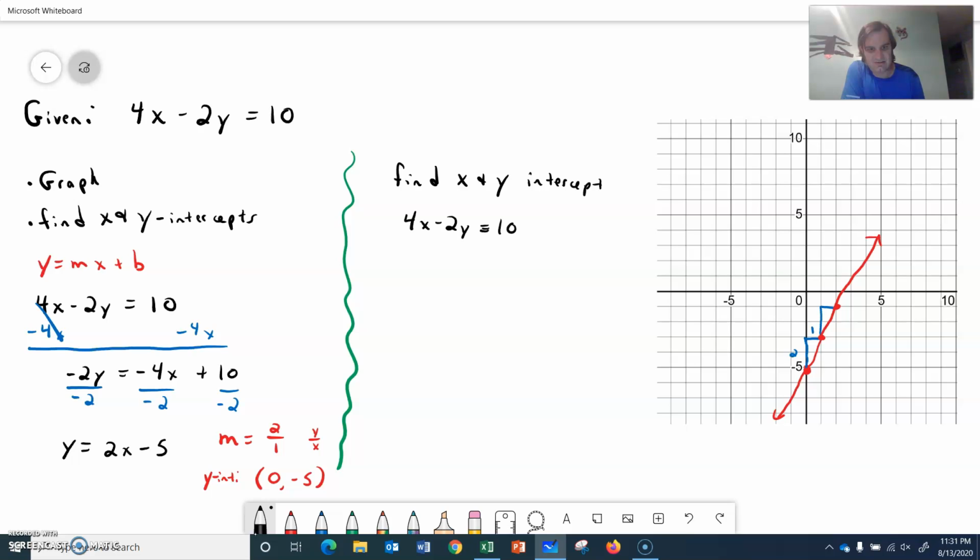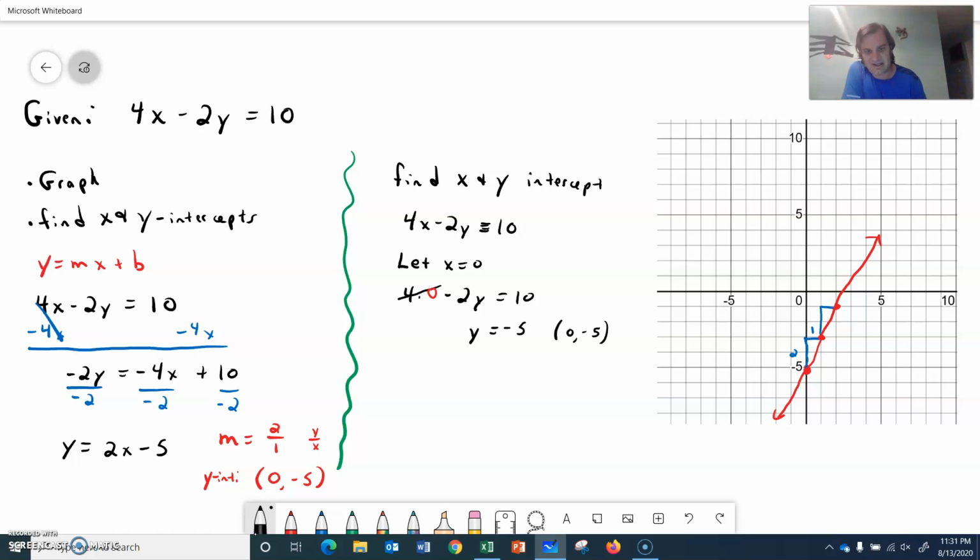I could do the slope-intercept form, but remember, to get the y-intercept we would let x equal 0. So in that case I would have 4 times 0 minus 2y equals 10. So 4 times 0 is 0. So basically that gives me y equals negative 5, which is the point 0, negative 5.